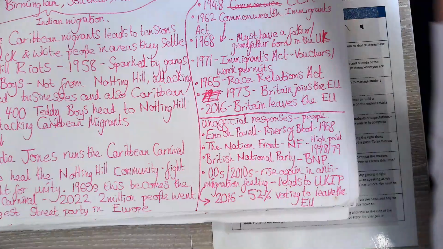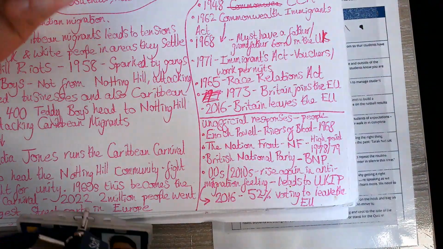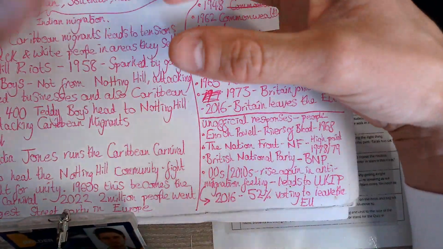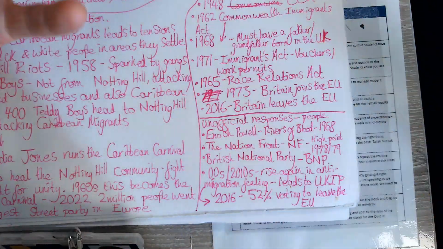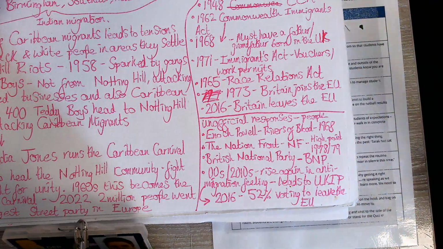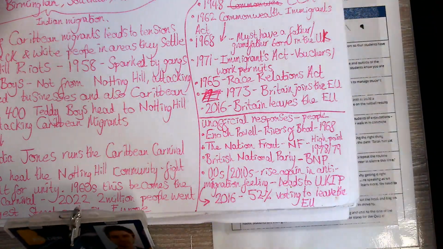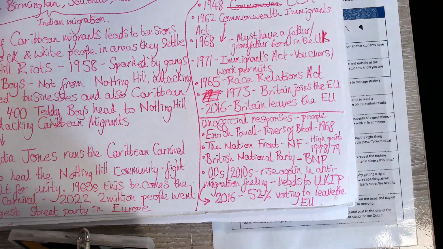Let's talk finally about unofficial responses. Now, I mentioned, didn't I, that there was tension between white and black communities as Caribbean migrants and Indian migrants start to come to Britain after 1948.